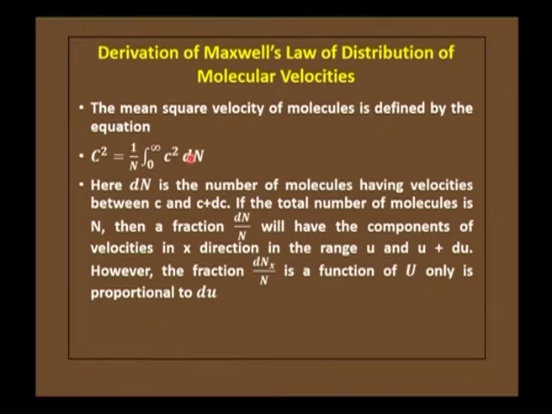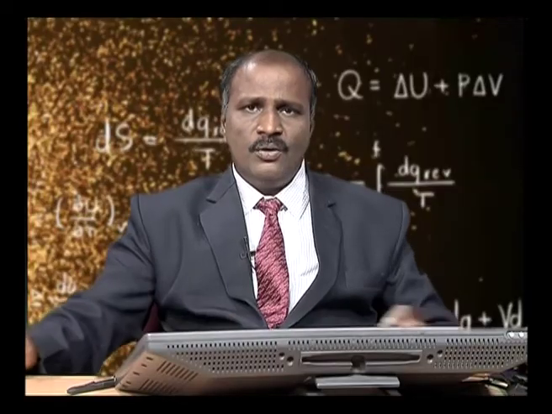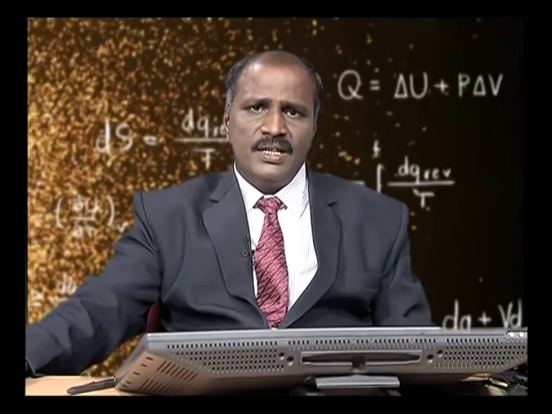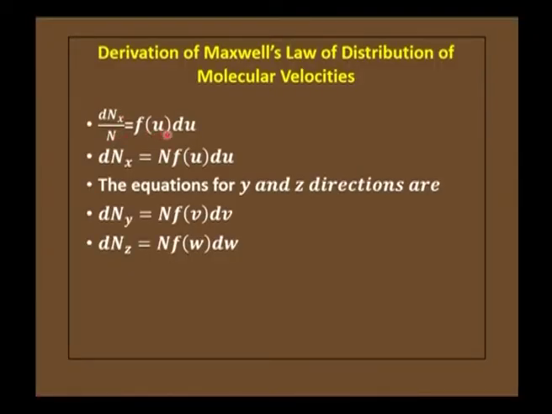If the total number of molecules is N, then a fraction dN by N will have the components of velocities in the x direction in the range u and u plus du. However, the fraction dNx by N is a function of u only and it is proportional to du. Therefore, I can write this mathematically as dNx by N is equal to f(u) du.